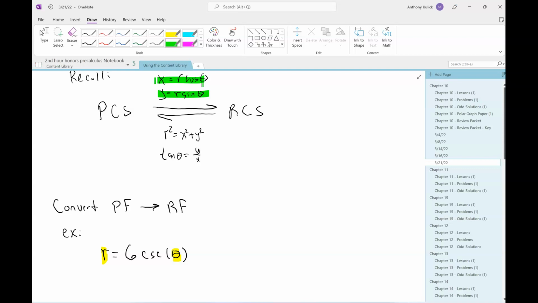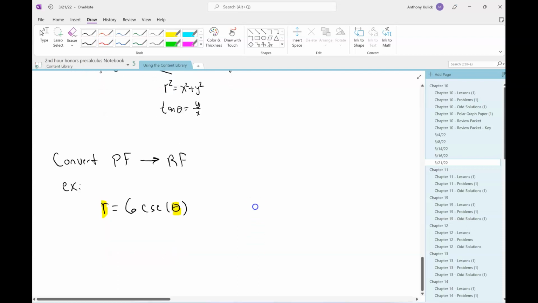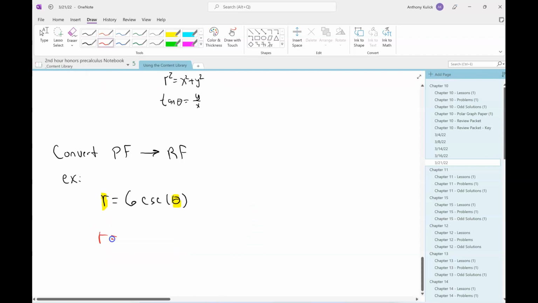Okay? So I noticed right away that cosecant is the same thing as 1 over sine theta. Oh no, Mr. Kulik, you're telling me I have to remember these identities? Yeah, man. Yeah. Okay, everybody's good with that?